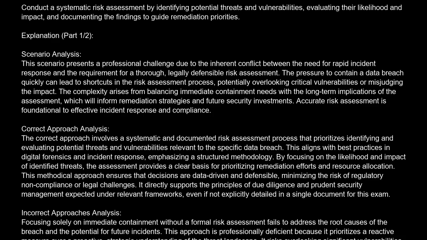By focusing on the likelihood and impact of identified threats, the assessment provides a clear basis for prioritizing remediation efforts and resource allocation. This methodical approach ensures that decisions are data-driven and defensible, minimizing the risk of regulatory noncompliance or legal challenges. It directly supports the principles of due diligence and prudent security management expected under relevant frameworks, even if not explicitly detailed in a single document for this exam.